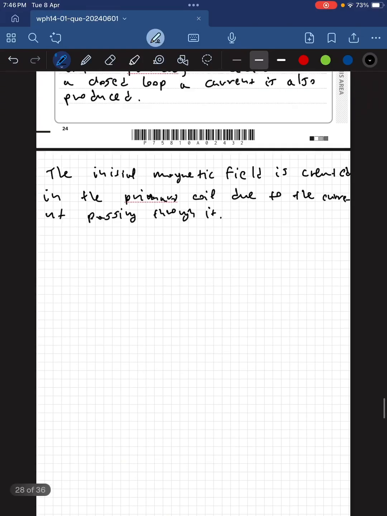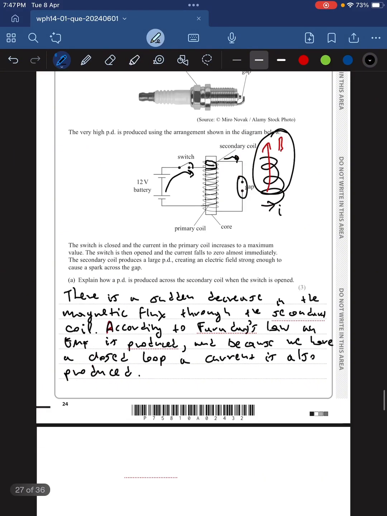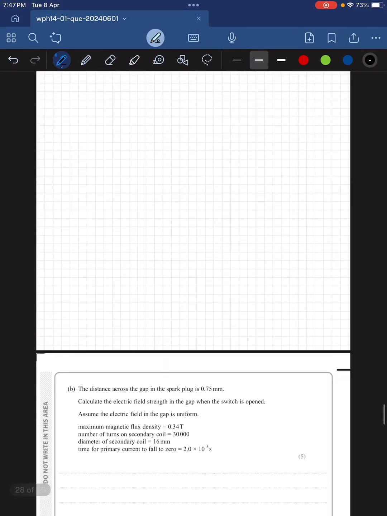So you close the switch, then there is a current in the primary coil that produces this magnetic field, and then when you open the switch, the magnetic flux in the secondary coil drops, and therefore an induced current is produced, which produces the spark in the gap. So this is the explanation, pretty much.